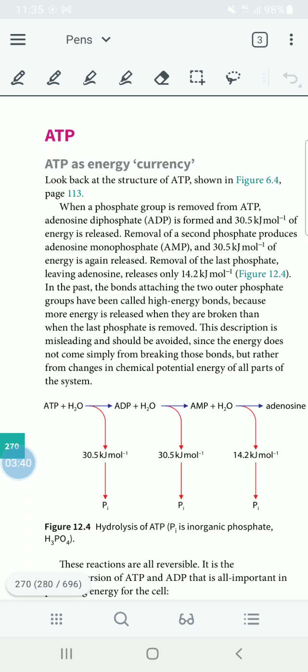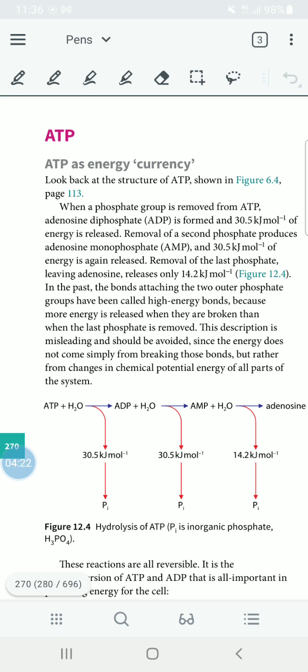Earlier they had thought that the final one is a low energy bond, but that is not actually accurate. It is not exactly by breaking bonds that you get the energy. It is actually the entire structure getting restructured, rearranged in a different way. So that is how the chemical potential energy changes when the entire system changes.